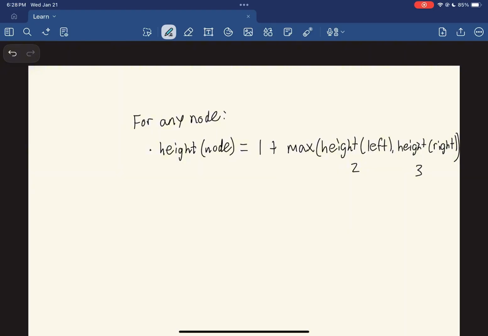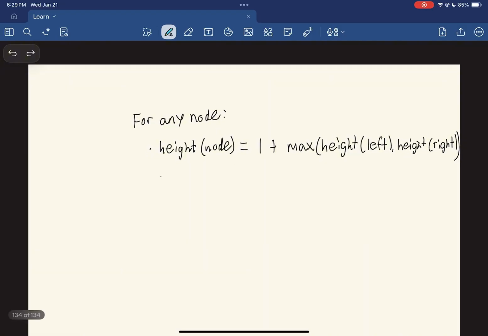Then we want to find the max, which between these two is 3, and 3 plus 1 means the height of the current node is going to be 4. There we go. And then we have the balance factor, which I'm going to call BF. Again, for the node, it's the height of left minus the height of right.